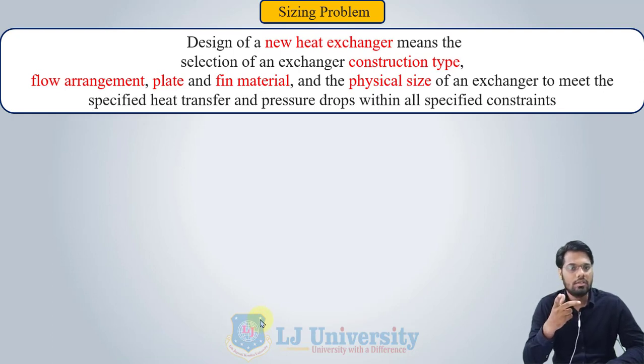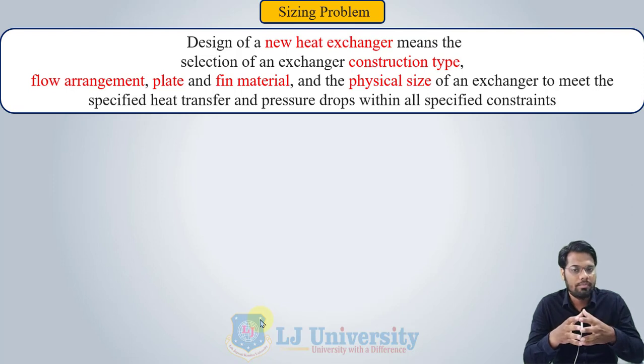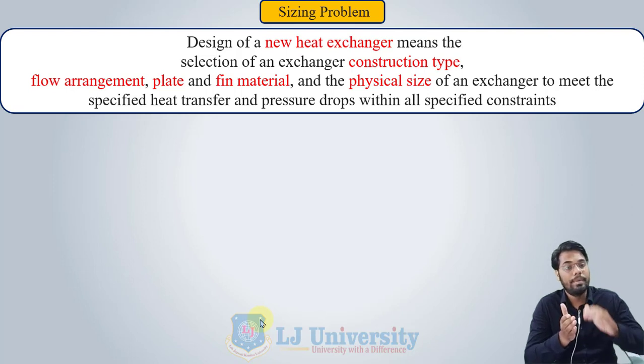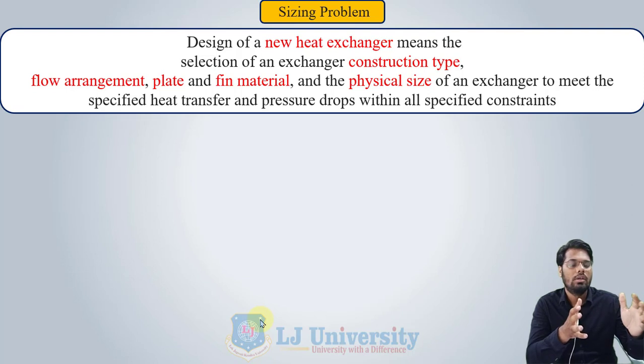Just opposite of the rating problem, in the sizing of a heat exchanger, the design of a new heat exchanger means the selection of the construction type, flow arrangement, material and physical size of the heat exchanger, decided according to a predefined heat transfer rate or predefined allowable pressure drop in a specific condition, or from the customer's demand that this much heat transfer rate is a must.